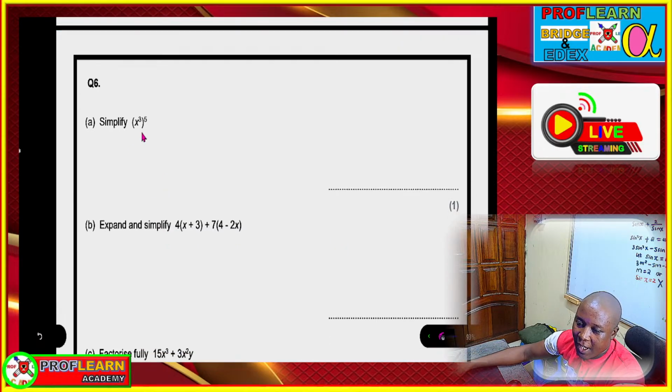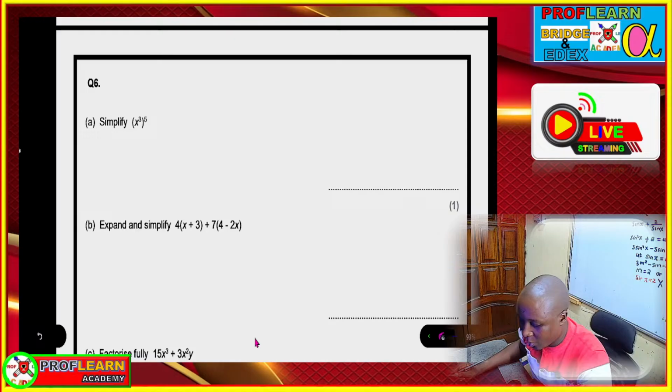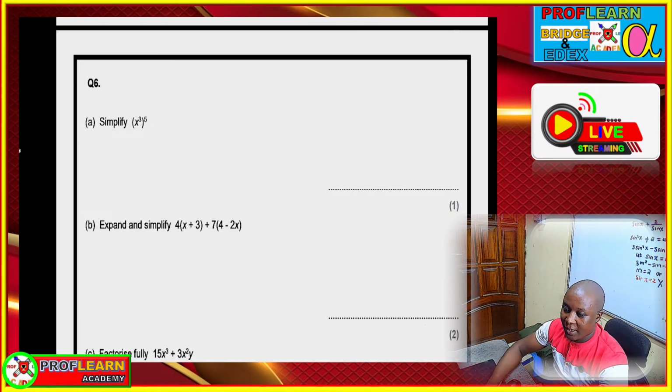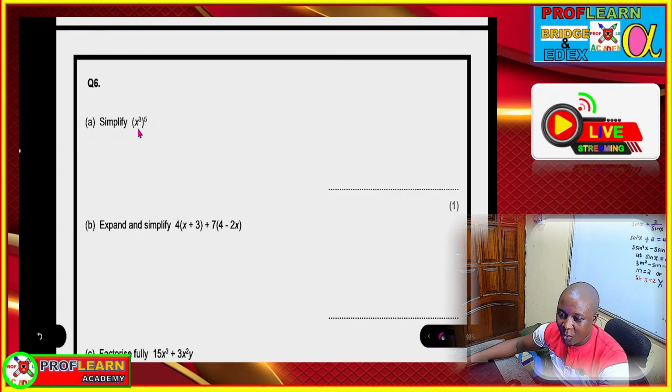Simplify an expression. You'll be given questions to do with simplifying expressions, and that is another area that probably will be tested in your foundation paper. When you have a bracket like that, it means the powers here are going to multiply.